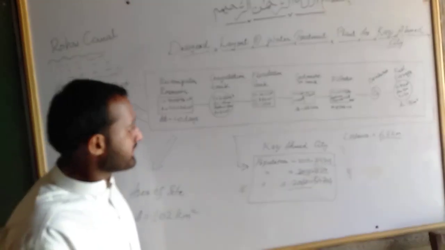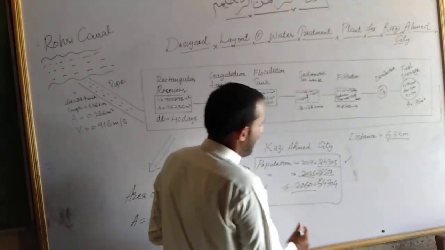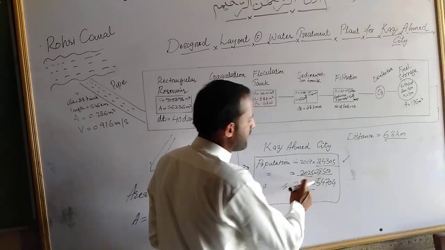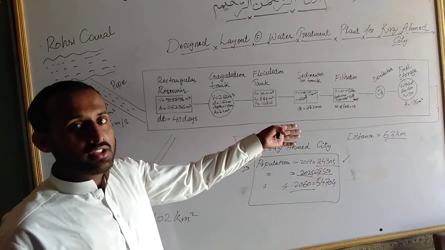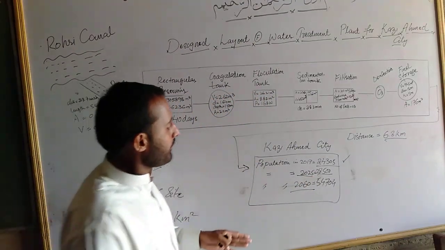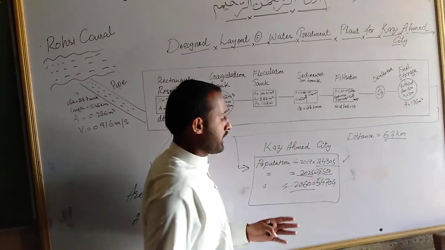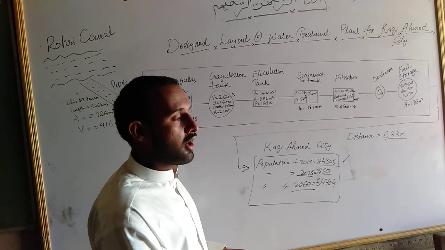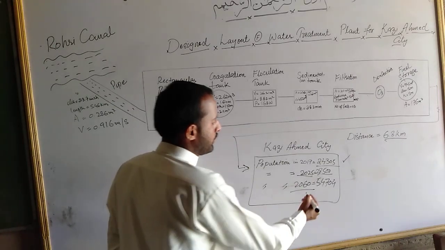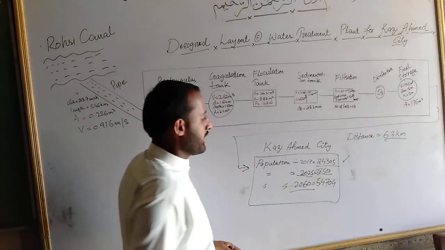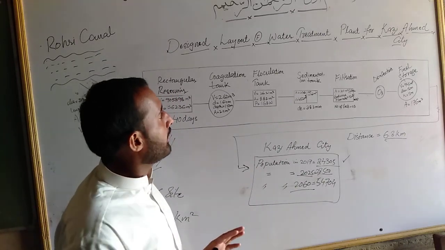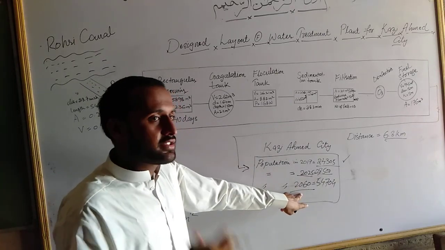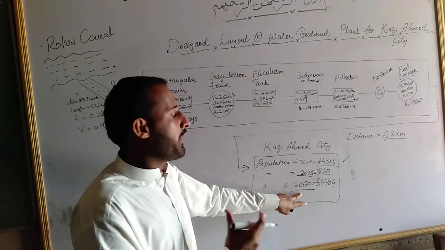54,704. This is our initial population, and up to 2025 there is construction of the plant, and from 2026 it is going to start its functional operation, and then up to 2060, that is for 35 years, is its design period.